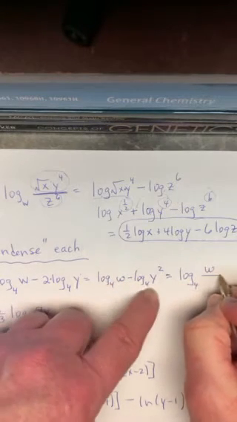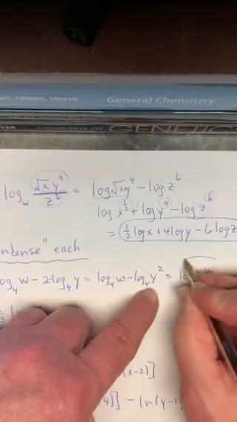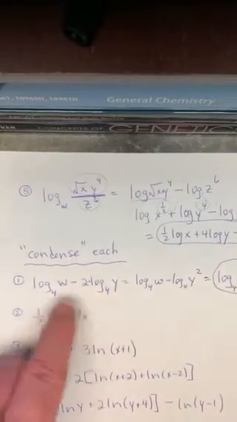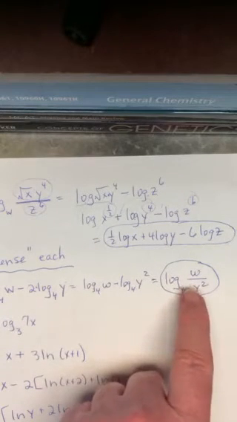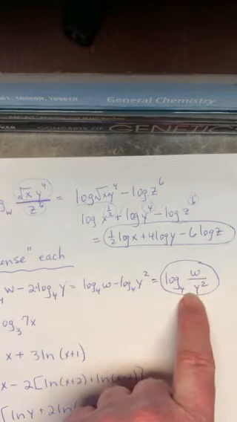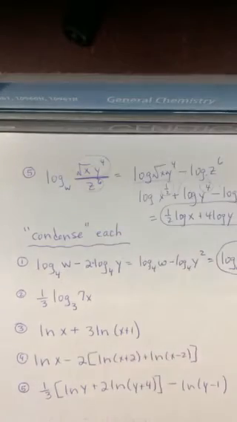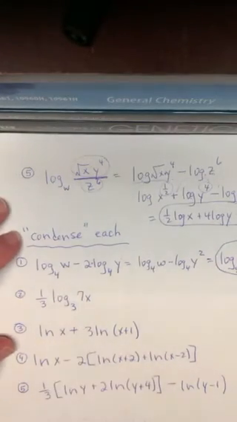W over y squared. So the engine that was taken apart, I put back together and got that answer right there. Okay, that's condensing a logarithm using our logarithm rules. Go to the next one.